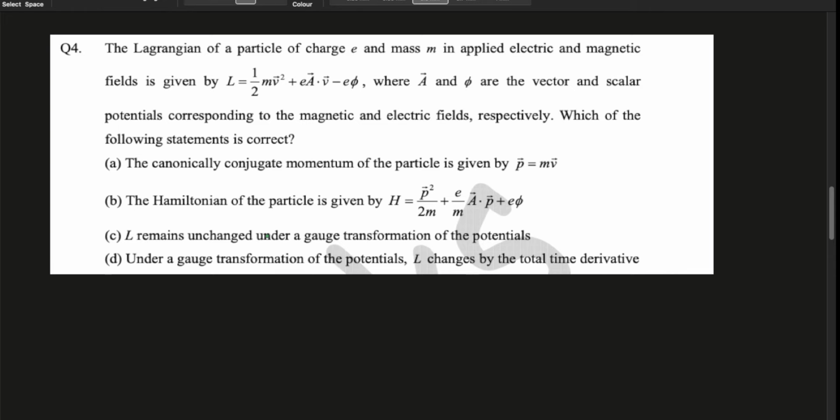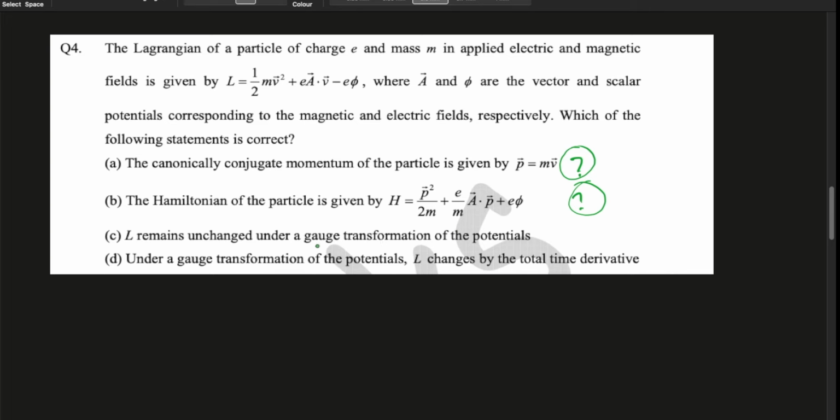The canonically conjugate momentum of the particle is given by P equal to mv. We need to calculate that; we don't know, and we cannot say this is right or wrong. The Hamiltonian of the particle is given by this. We need to find the Hamiltonian from the relation between the Hamiltonian and Lagrangian, so that also we need to calculate. We cannot say that abruptly.